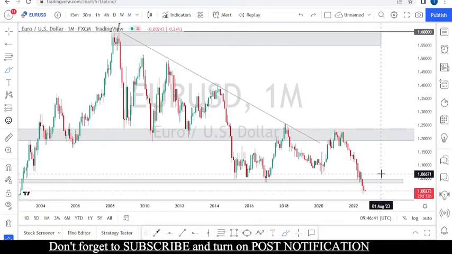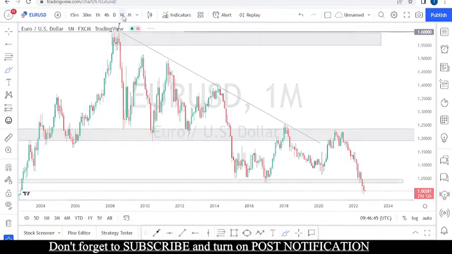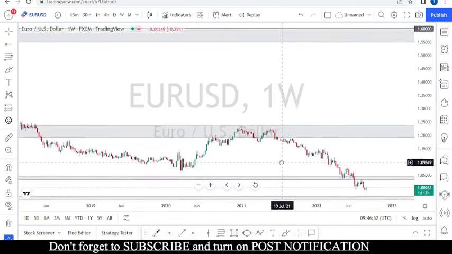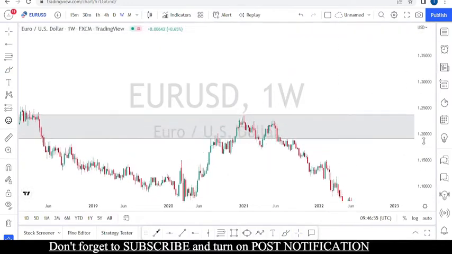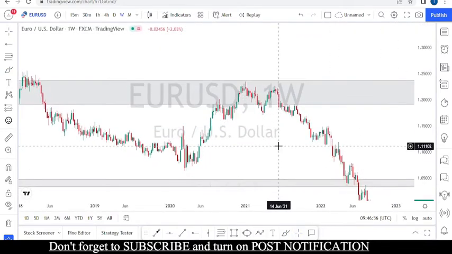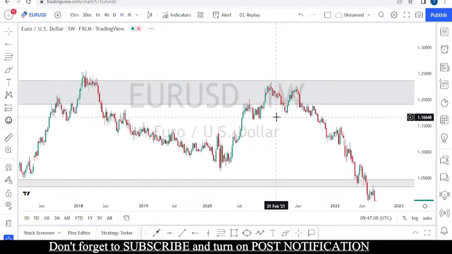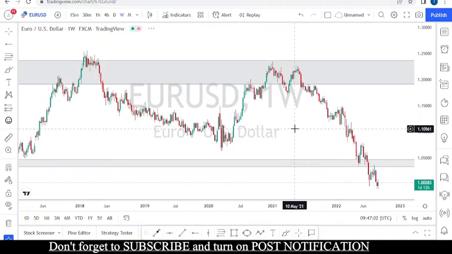So let's continue. Now, this is the monthly time frame. We've established that this is a bearish trend. So we'll go to our weekly time frame. On the weekly time frame is where you plot your key levels. I'm not going to go into all of those details right now. I believe most of you watching this video understand what a key level means, right? A key level is a zone where price has failed to break either above or below it.